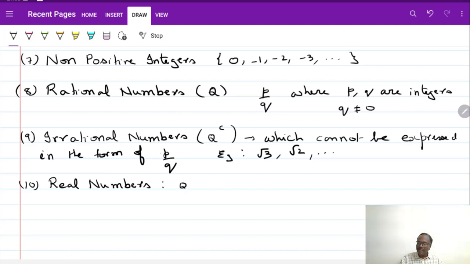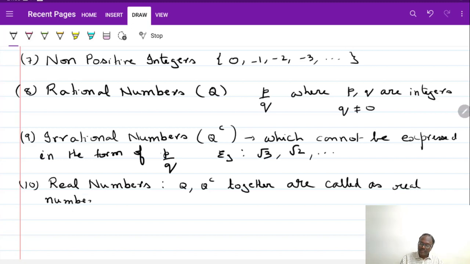All the rational numbers and irrational numbers together are called real numbers. It is denoted by the symbol R. So real numbers are represented by the symbol R. I hope it's clear about the different types of numbers.